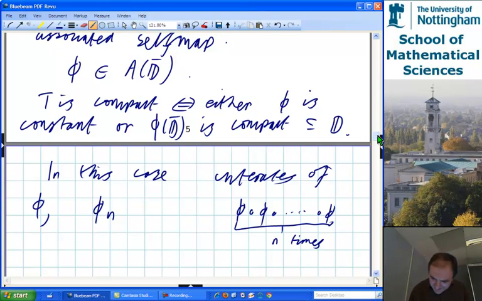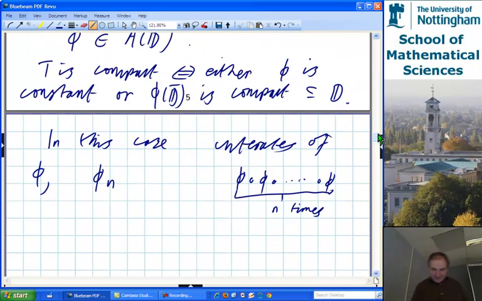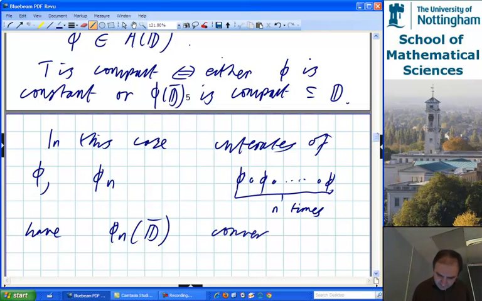But anyway, the nth iterate phi_n of the closed unit disk converges down to one point, a unique fixed point of phi.